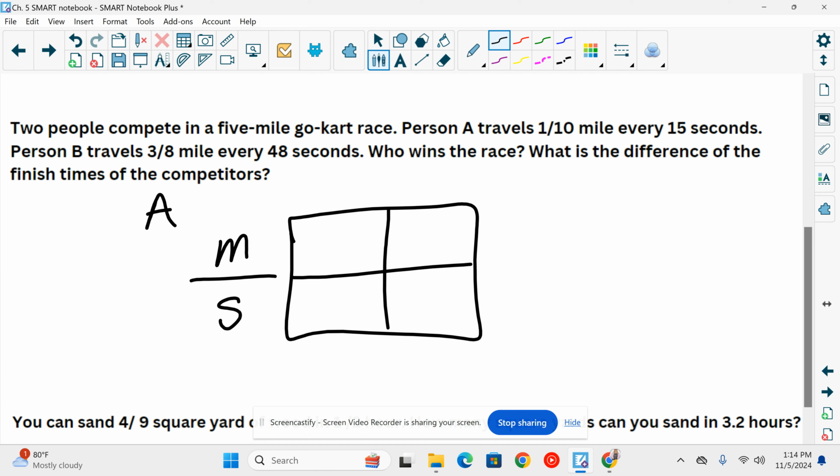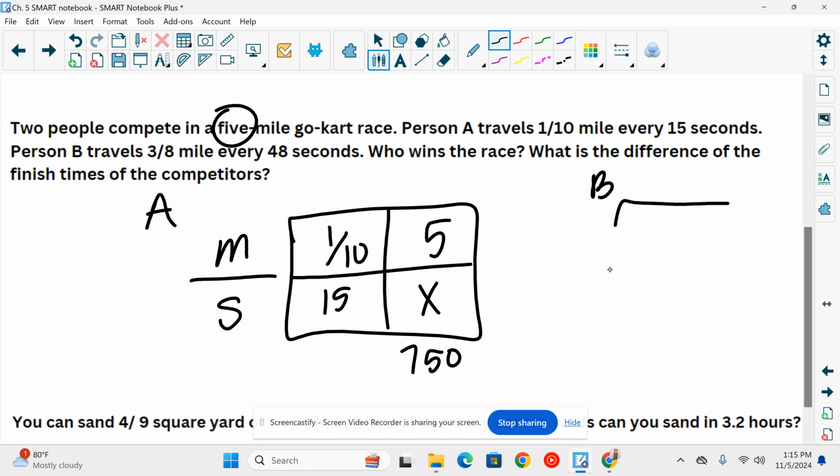And their rate is 1/10 of a mile for every 15 seconds. We're going a 5-mile race. We need to know how long is it going to take us, because it's a race, and races are based off of time, right? So when I cross multiply and I divide, I get 750 seconds.